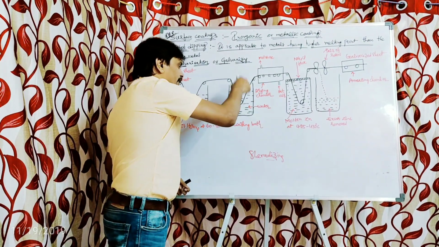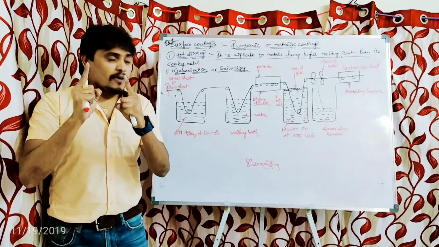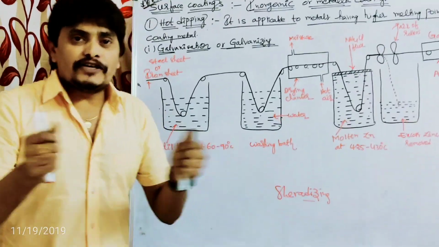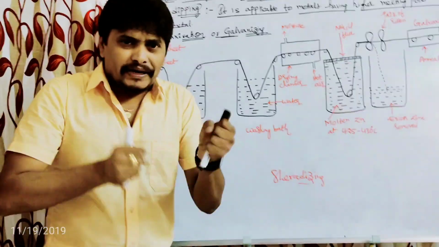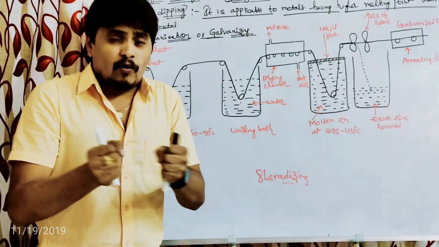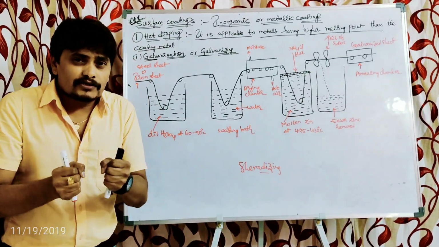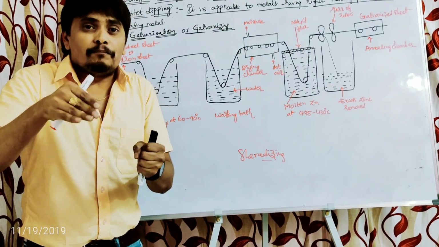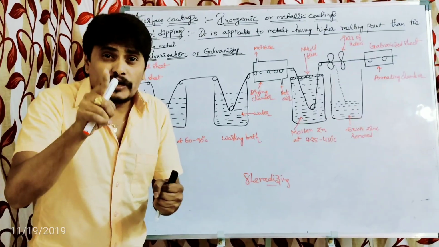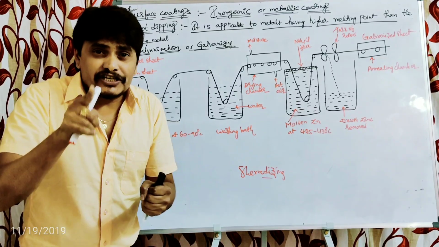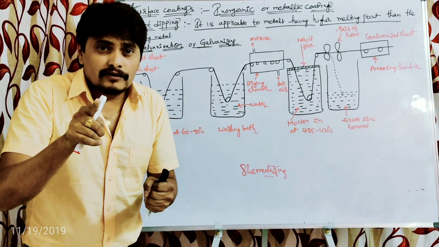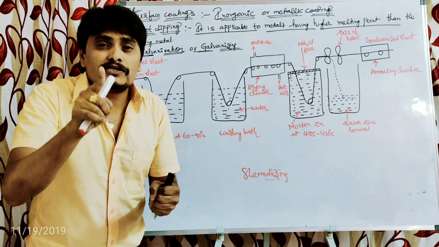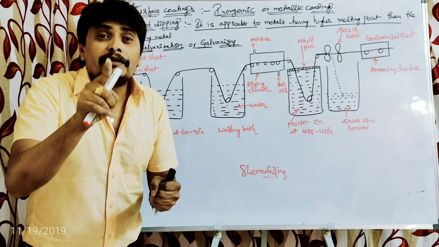into the washing bath, which comprises water. Under the influence of water, we pickle it. Whenever we pickle it, the sulfuric acid molecules accumulated on the surface of the base metal will peel off. But do remember that by washing with water, we cannot remove 100% of the sulfuric acid molecules from the surface of the iron metal.